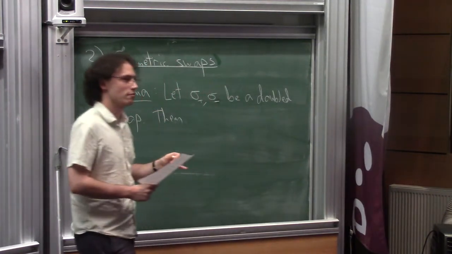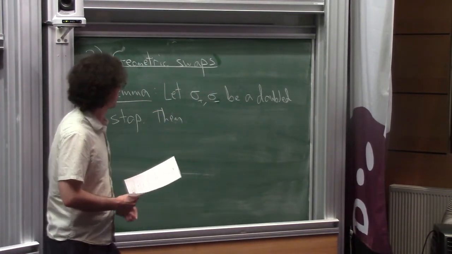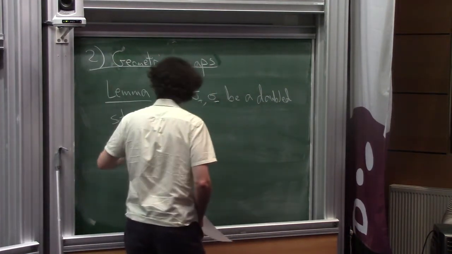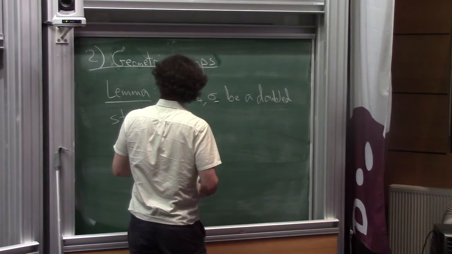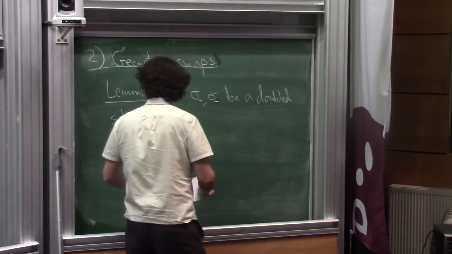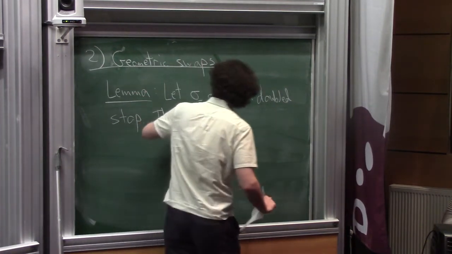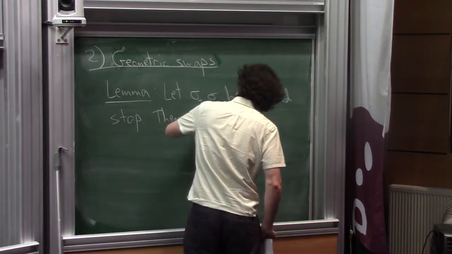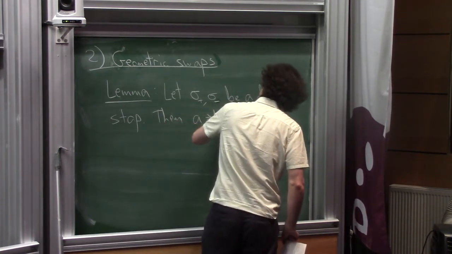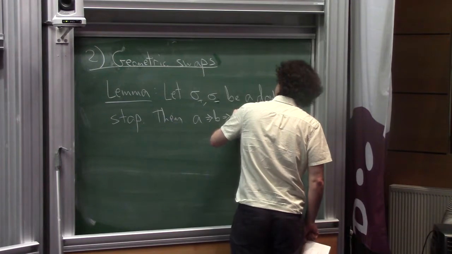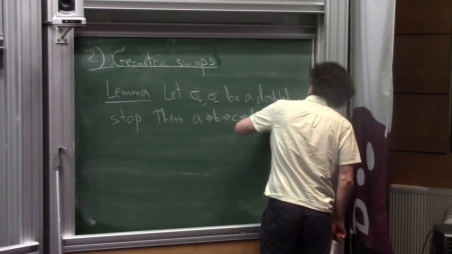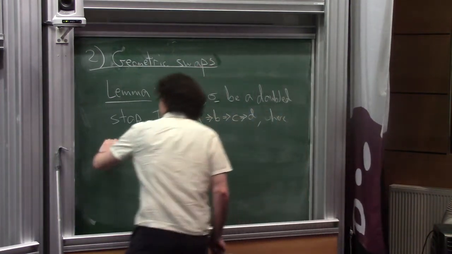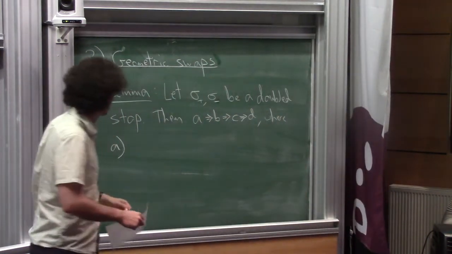So I'm going to write various things you could ask about this. There's a space shortage. Well, let's say A implies B, implies C, implies D, where there are various properties I could ask of this.